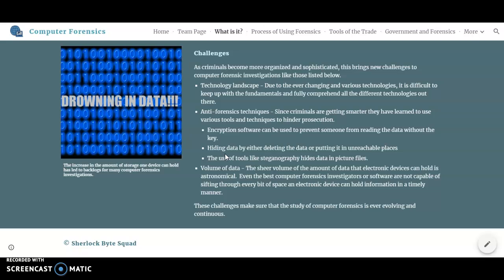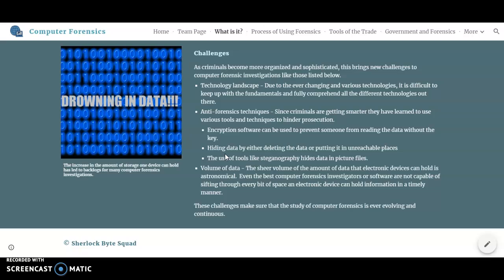And then the third one that I mentioned is the volume of data. If you think about a terabyte of information, there's tons of information in 1 terabyte. One laptop can hold sometimes up to 2 terabytes, and then you have external drives that can hold even more. If you imagine somebody having to sift through all that information, it could take months, years to go through all of that.